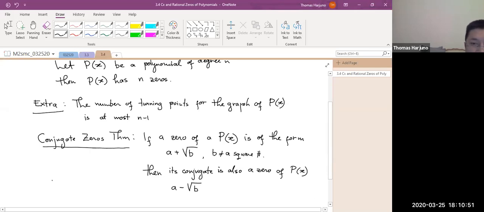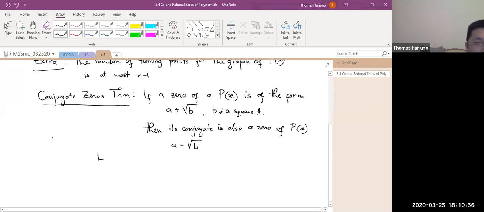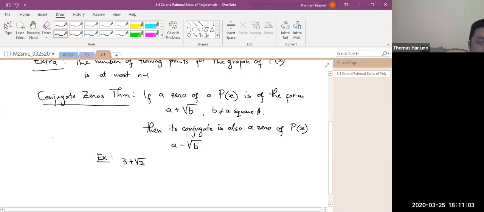So for example, if I know 3 plus square root of 2 is a zero of a polynomial, then 3 minus square root of 2 will also be a zero of the polynomial. Are you with me? Now, conjugates are when we have a situation like this, in which they only differ by the sign in the middle.